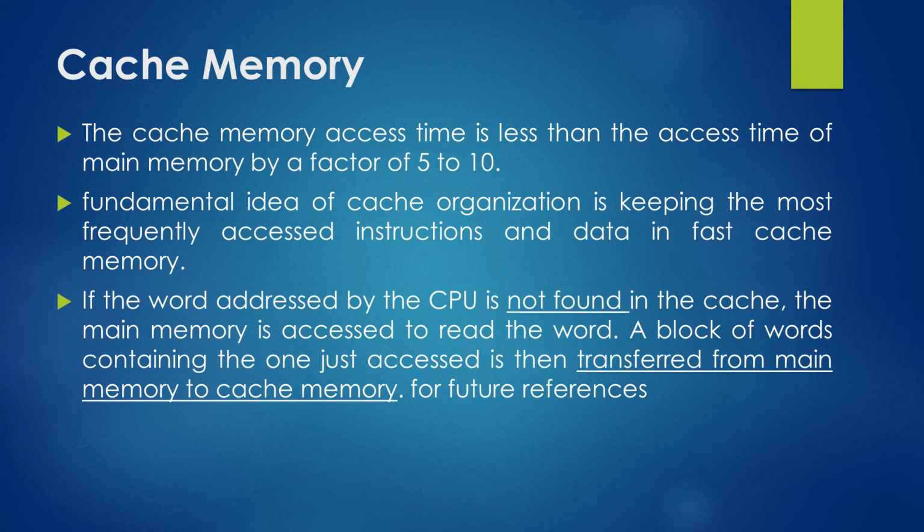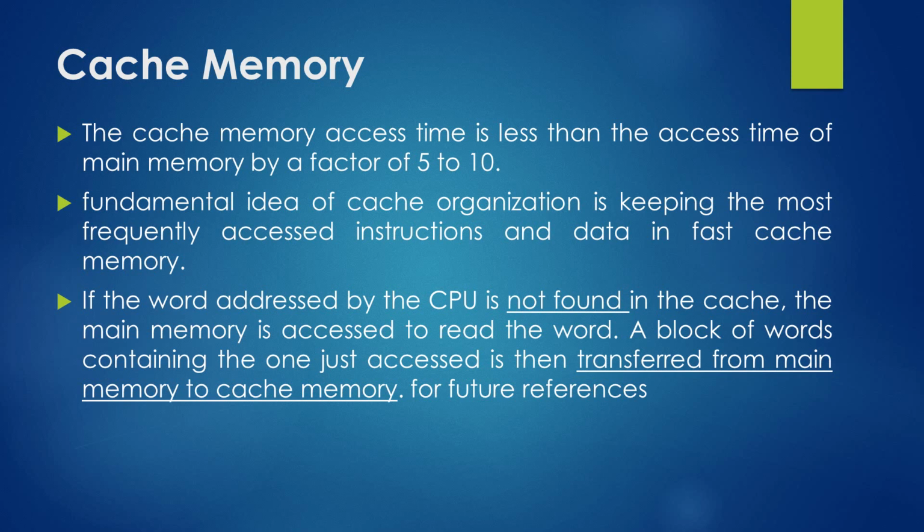If the content is available in main memory, then it is accessed from the main memory. After this, the same data is transferred to cache for future reference. So the CPU doesn't have to search in the main memory, and the same data can be accessed from the cache memory and time can be saved.